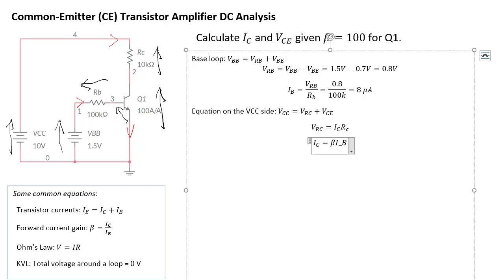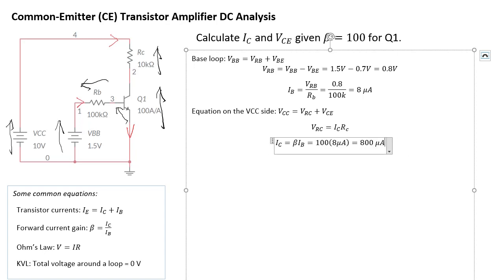That's 100 times 8 microamps, which gives 800 microamps.